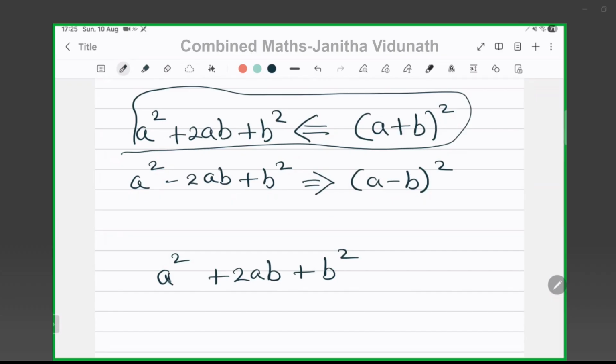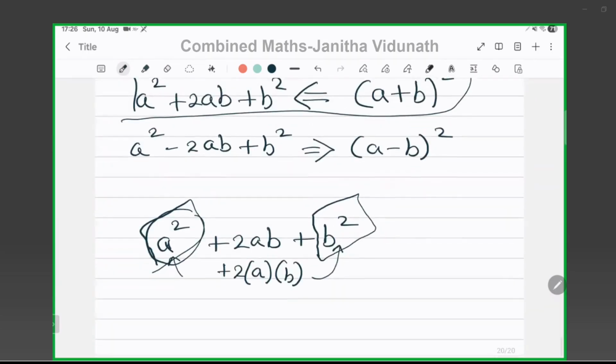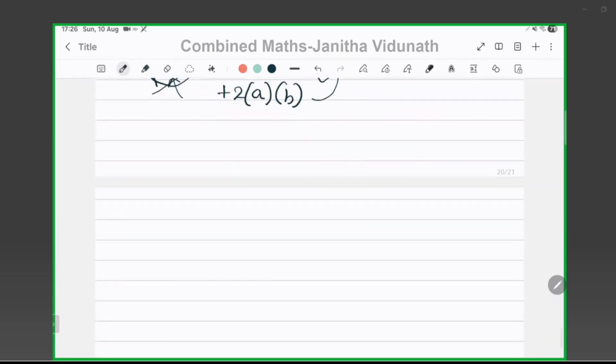If we find among those three terms a square term here, and another square term here, and here we have plus 2 times the one number that is squared in this step, and the other number which is squared in this step. Again, I will give some examples and explain those again.